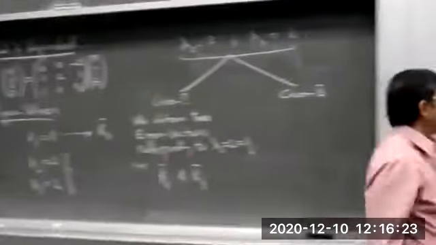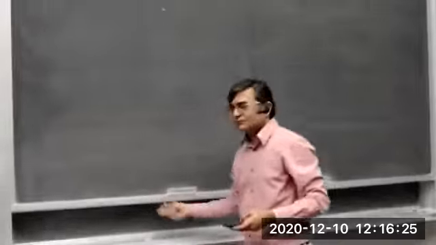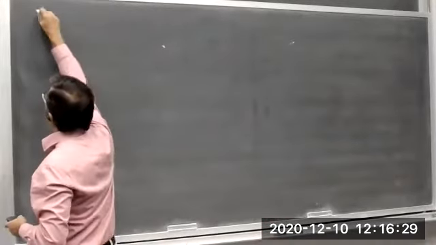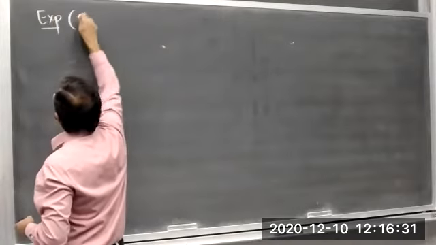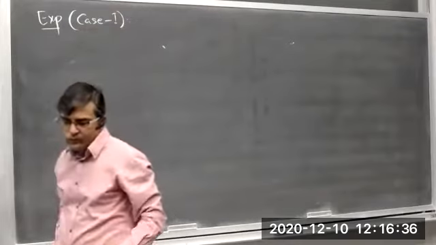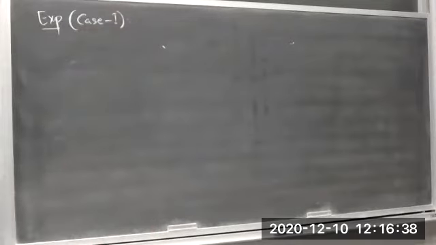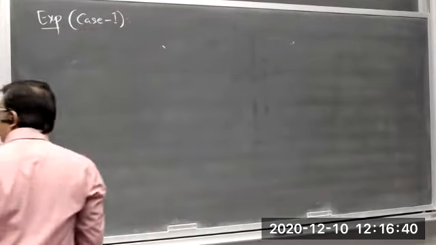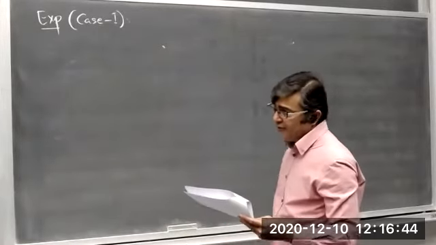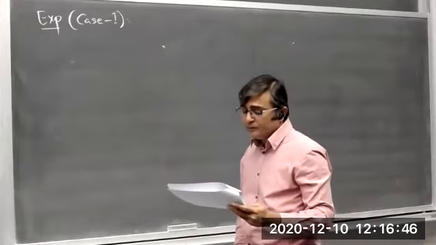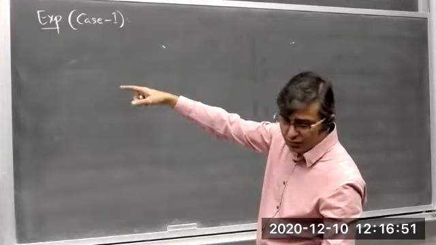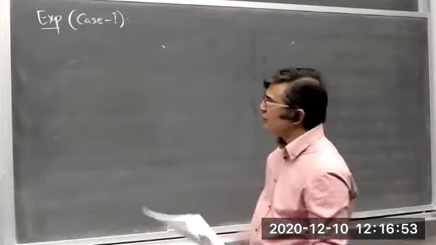Let's come to this board now. An example of case 1. The example which I had written there was an example of case 1 in which we obtain lambda 1 equal to 1 and lambda 2 equal to lambda 3 equal to 2.